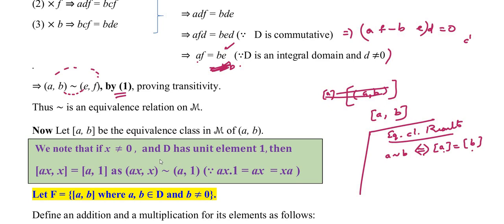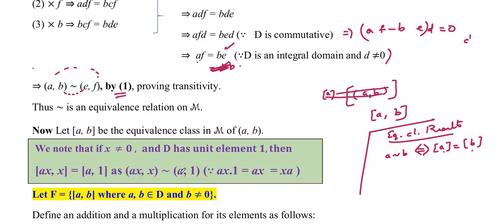We know that if X is non-zero and suppose D has unit element say 1, then this concept as such may not be used. Maybe later in the main proof we will use this. Otherwise, just the concept: two equivalence classes are equal means the elements must be related.